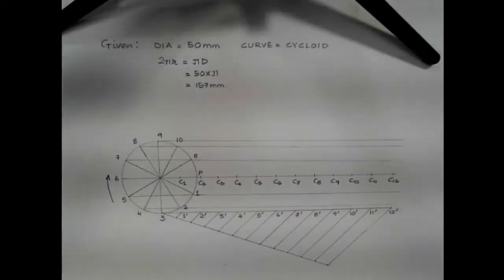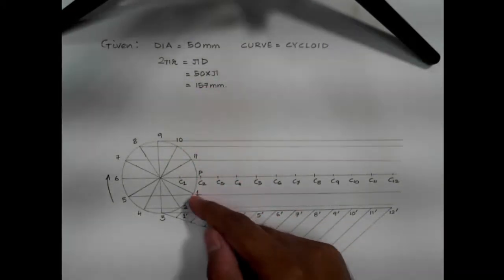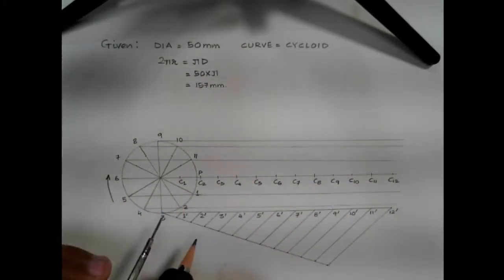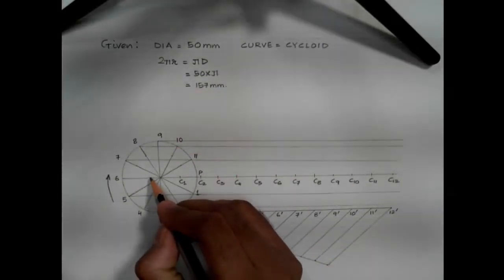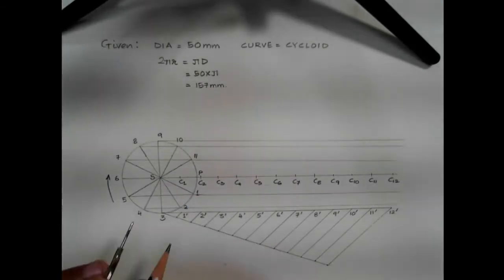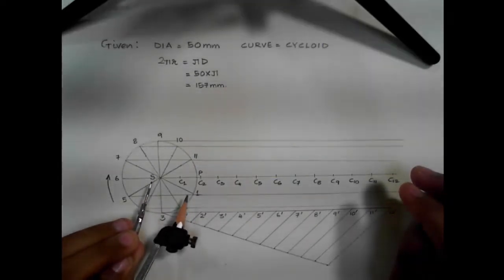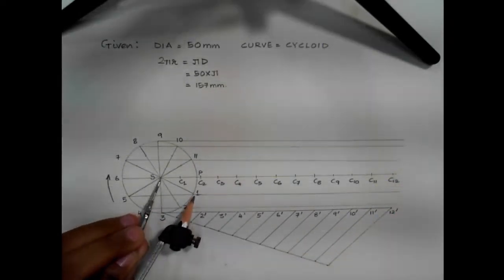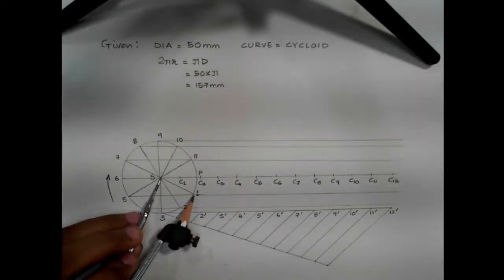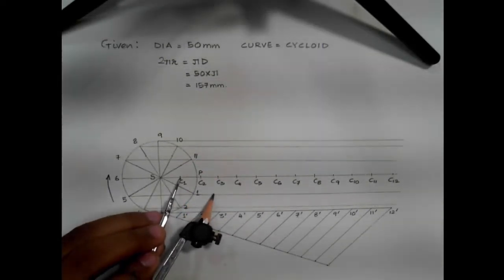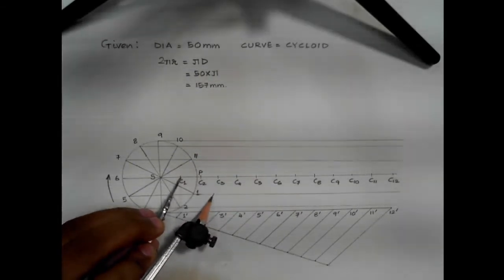Now the very important step. I had told you, you have to follow 1 P, 1 2 3 4 5 6 7 8 9 10 11. So after P you have to follow that. Let us take for C1 point, let us take the radius S to 1. I will take the same orientation, east and south, from C1 and cut for 1.